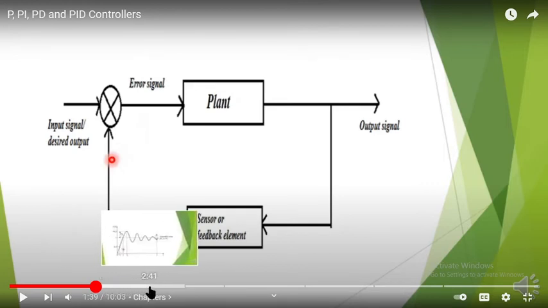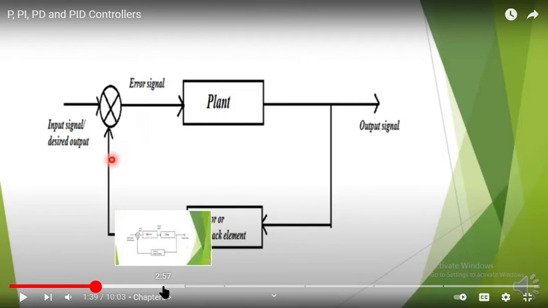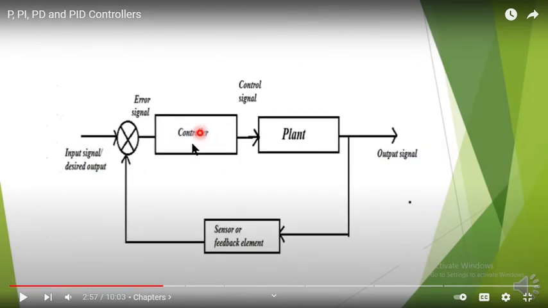That's why we put a controller here after the error is estimated and before sending it to the plant. Here the controller will be in the form of a PID, proportional controller, PI controller or PD controller.